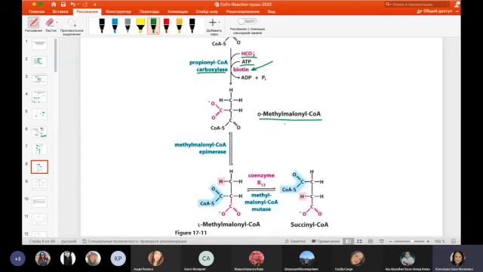This compound requires isomerization, epimerase firstly, to form L-methylmalonyl-CoA, and finally mutase, which requires participation of B12, cyanocobalamin, to produce succinyl-CoA. The fate of succinyl-CoA is the TCA, tricarboxylic acid cycle, this intermediate of the Krebs cycle.